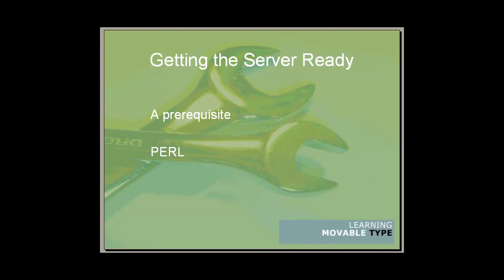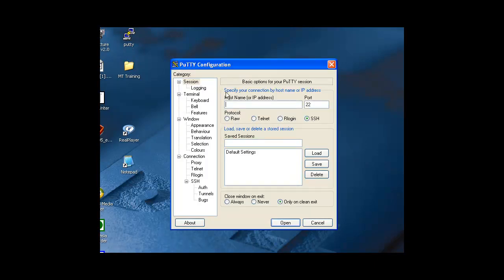I'm just going to put this away for a moment. I'm going to connect to my server using the program PuTTY. It's a secure shell system, SSH. You could also use Telnet if your server is unsecured or if SSH is not available.